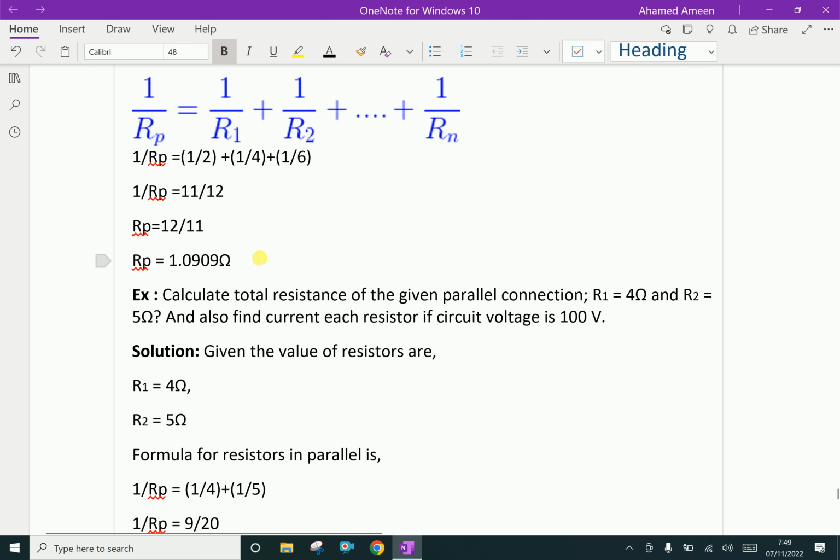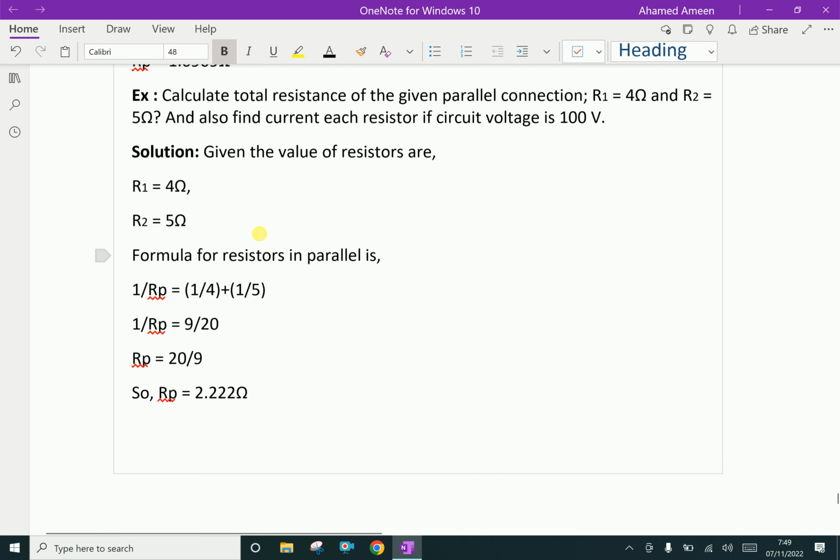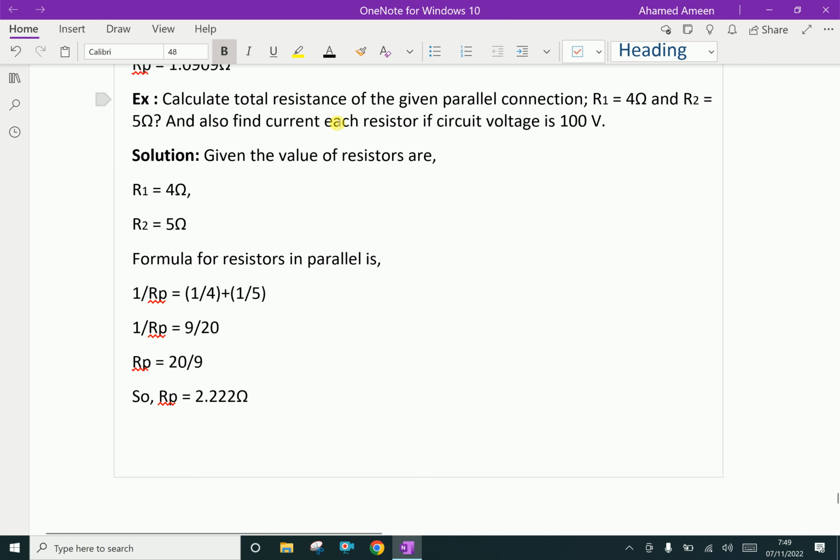1.0909 ohms. Next question. Calculate the total resistance of the given parallel connection. R1 is 4 ohms, R2 is 5 ohms, and also find the current of each resistance if the circuit voltage is 100 volts.